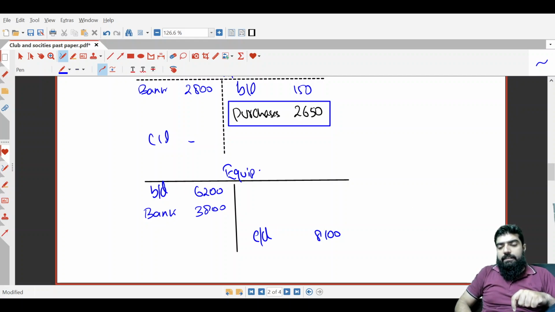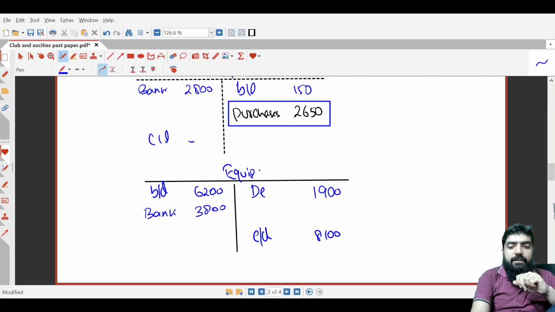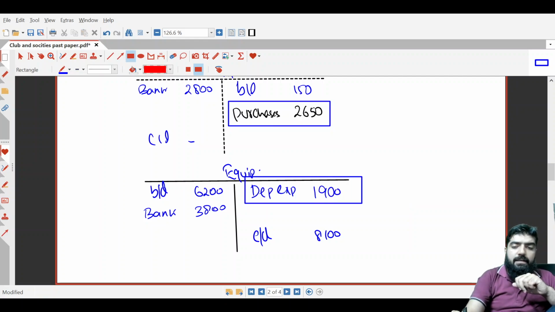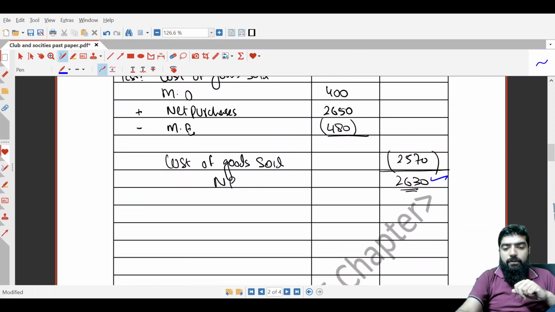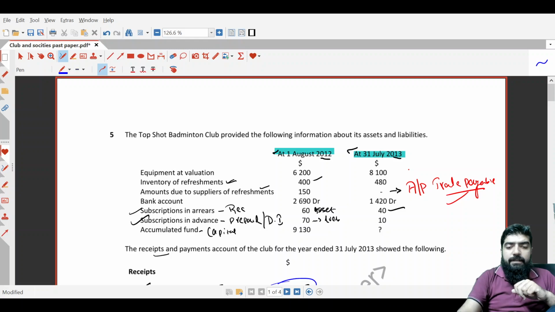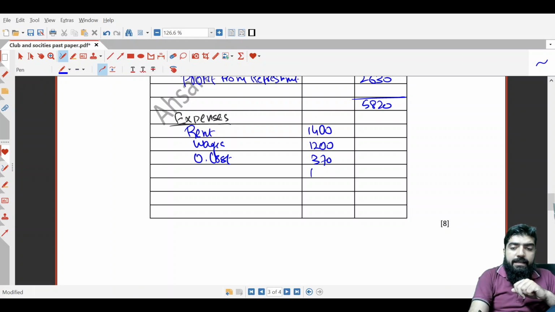So, can you please calculate the difference? 1,900, and that 1,900 indicates what? Depreciation expense. Are you getting the point? So 1,900 will be included in the income and expenditure account as depreciation expense.